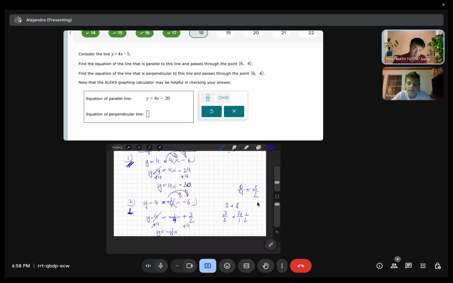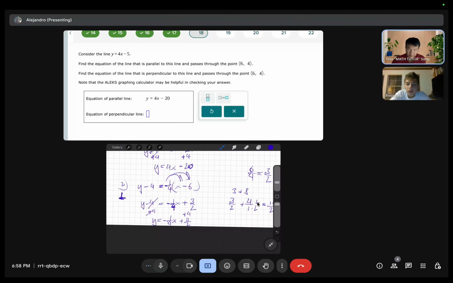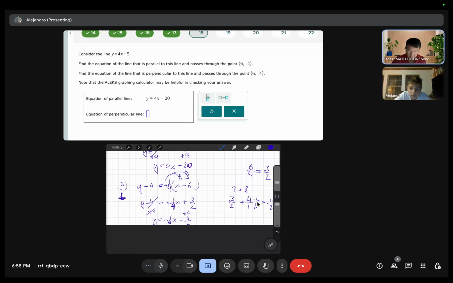So it'll be 11 over 2. So here's your perpendicular equation: y equals negative 1/4 x plus 11 halves.